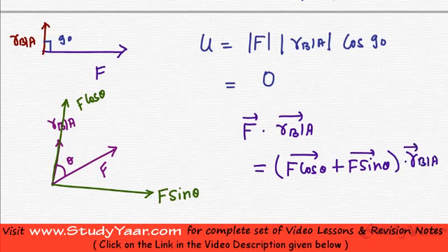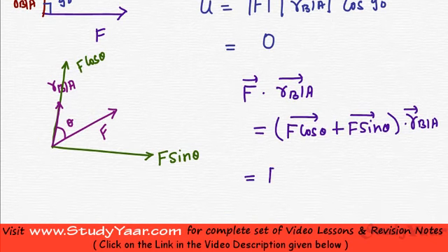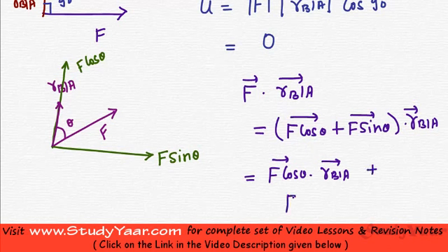I have resolved my force into two components, F cos theta and F sin theta, and I am replacing my F by these two components. So what I get is the dot product F cos theta vector dot rb by a vector plus F sin theta vector dot rb by a vector.